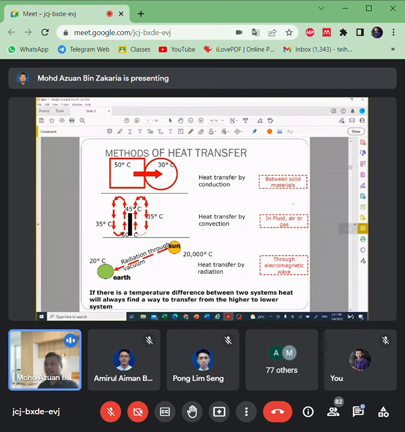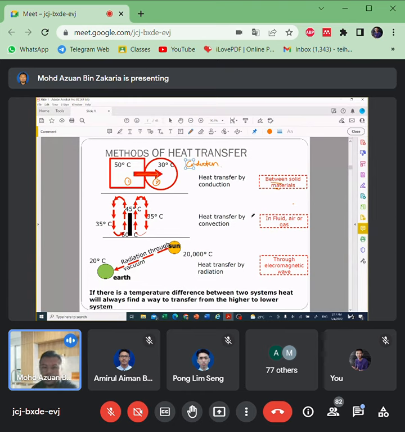Okay, the next slide shows a summary. For example, conduction is heat transfer between solid materials. For example, we have material one, material two, and they touch. The heat will transfer from hot to cold place.